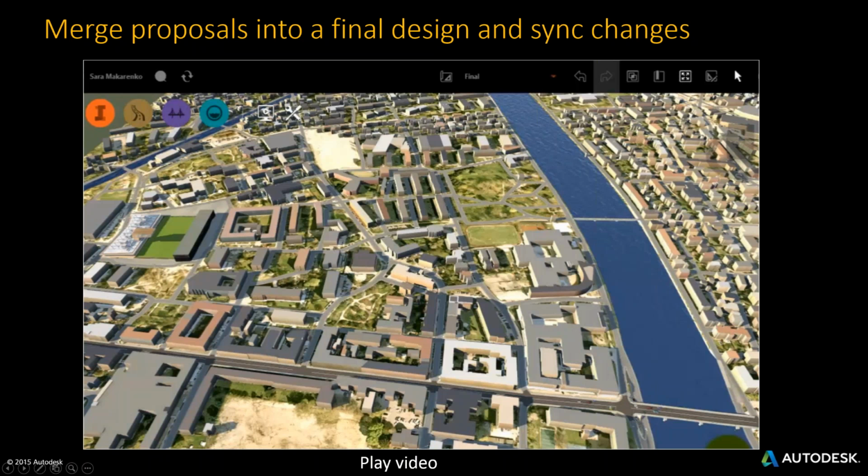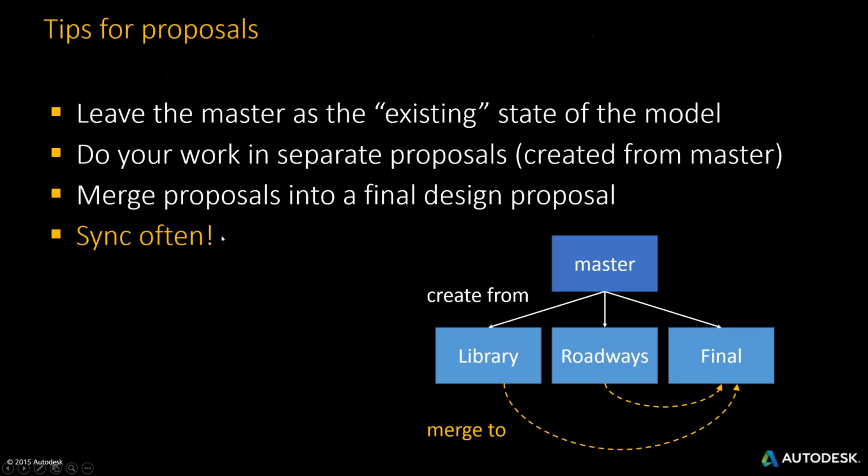Okay, so let's move on. Now, let's just go over a few of the tips for working with proposals. You can do this many different ways. Just agree as a team with how you're going to do this. But in our case, we leave the master as is because we went to all the work of bringing in our data and getting it accurate.